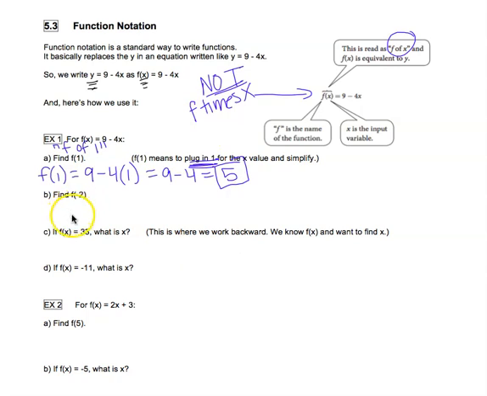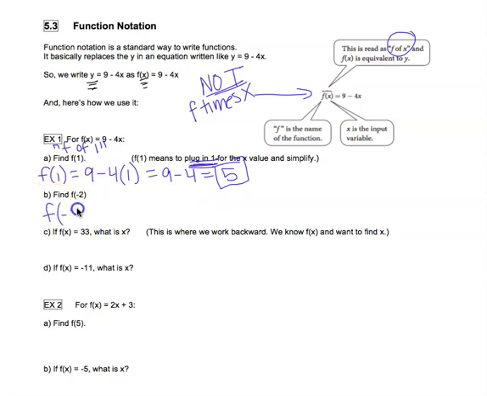All right. So next, we are going to find f of -2. So I want you to answer the question telling me that you understand what f of -2 means. So once we know what f of -2 means, then we can actually find it.